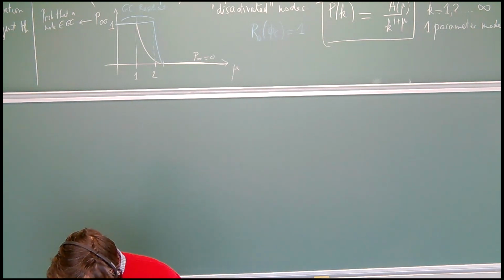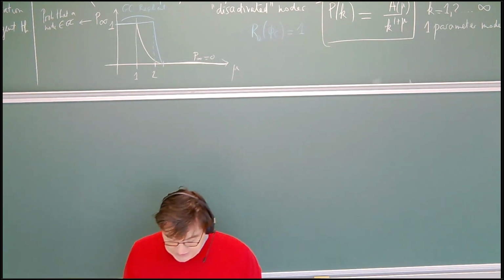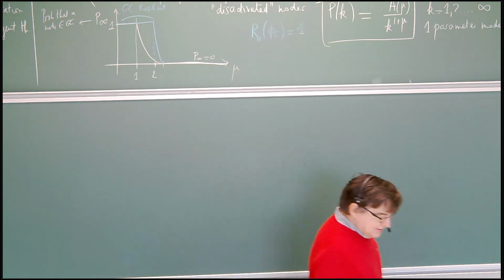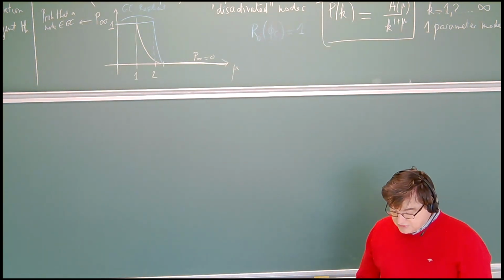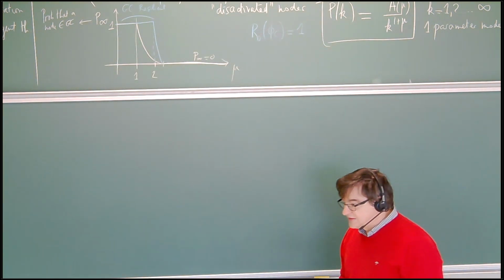So what I'm going to talk about is what I actually started my lectures with in the very first session. I told you about crises, discontinuities, and all these effects.